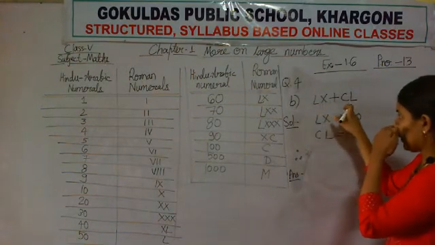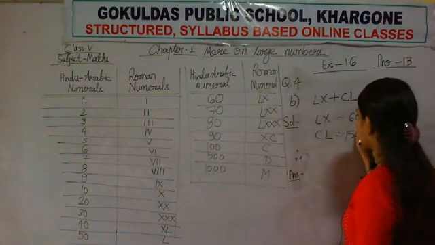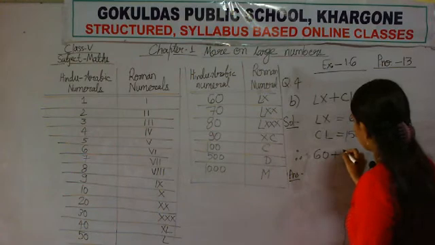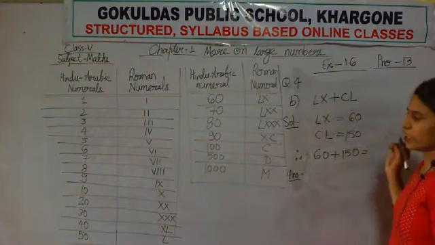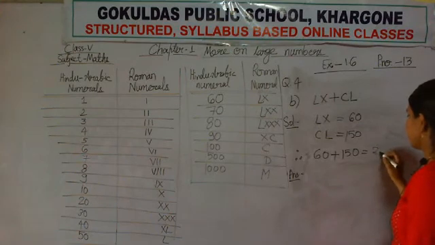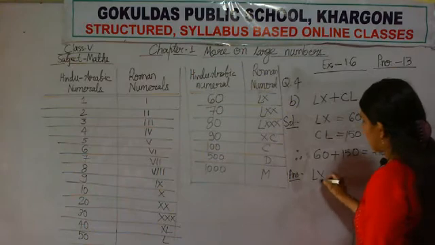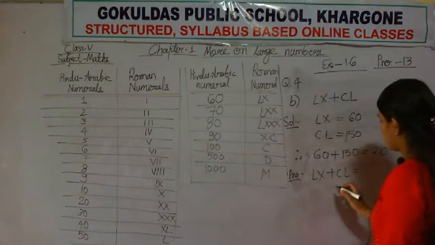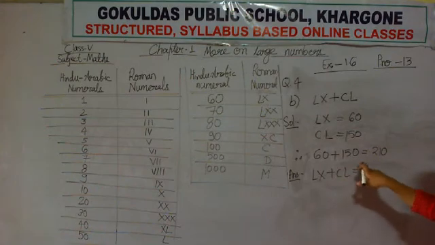Now you want to add these Roman numbers, therefore add their Hindu Arabic numbers. When you add 60 to 150, you will get 210. Now the answer is LX plus CL equals 210.